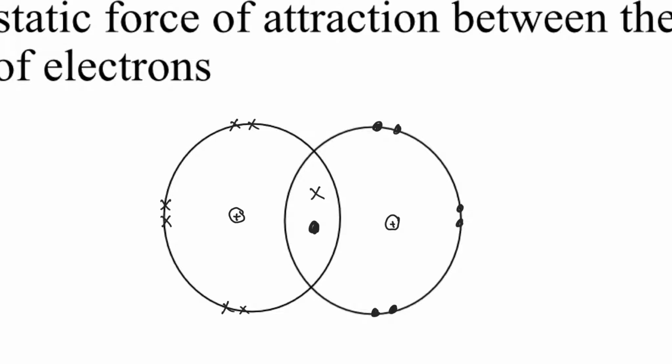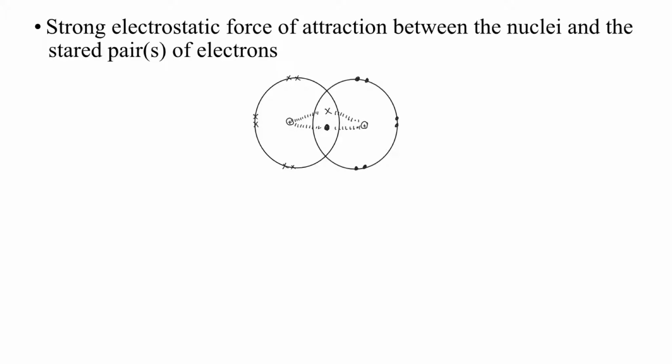So we get electrostatic attraction between a nucleus and the shared pair coming from both atoms. So if we go back to the definition, we've got a strong electrostatic force of attraction between nuclei, that's got to be plural, and the shared pair or shared pairs of electrons. A covalent bond is actually the strongest type of bonding.